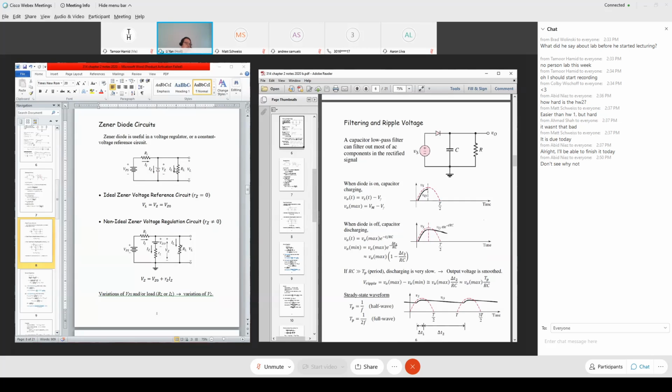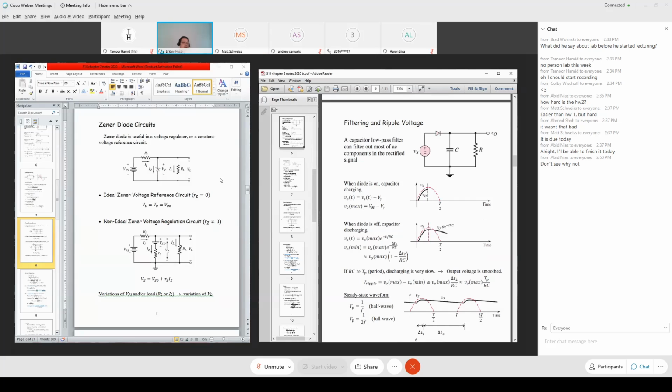This is your load, your iPhone or your tablet. Why do you read VL as a source? No, this is the source. The source voltage is applied to the load, but the source voltage has a ripple. That means your load voltage has a ripple. That's not ideal, so we apply the Zener diode to further stabilize this load voltage. Clear?